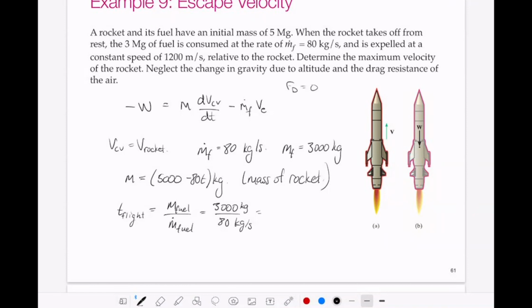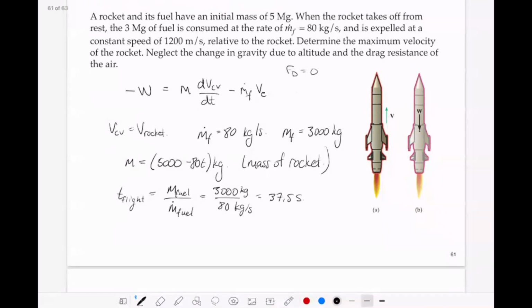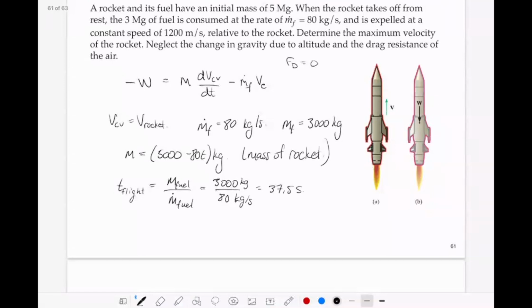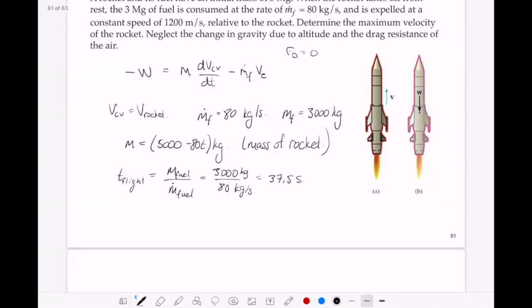We should get a time of 37.5 seconds. So that's how long our fuel is going to burn for. So we essentially now need to find the velocity at that amount of time.